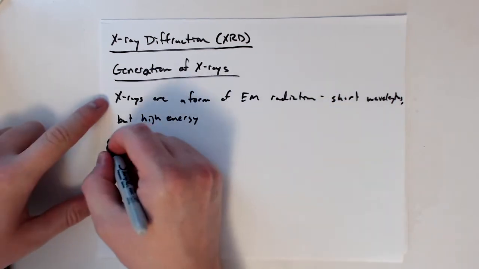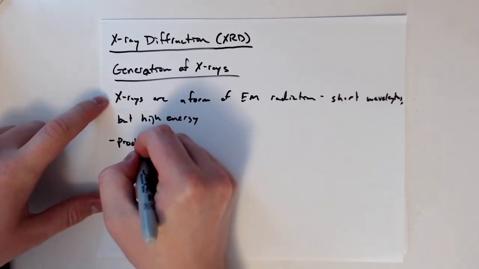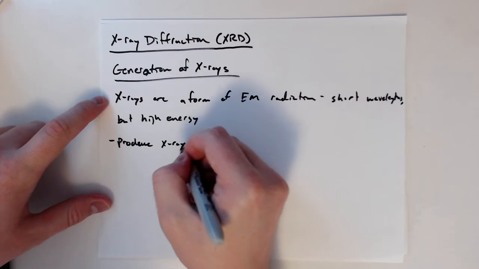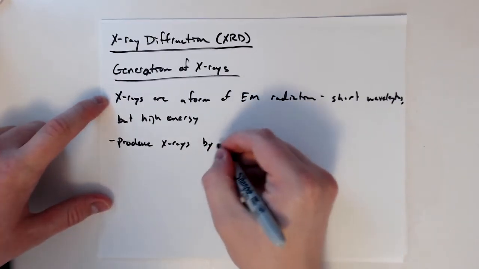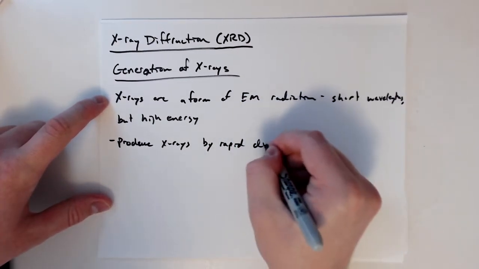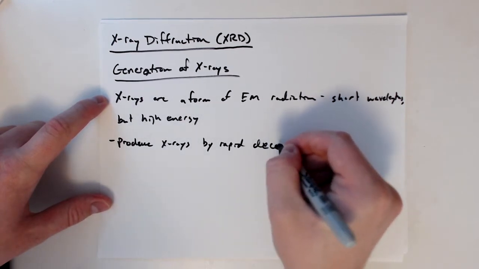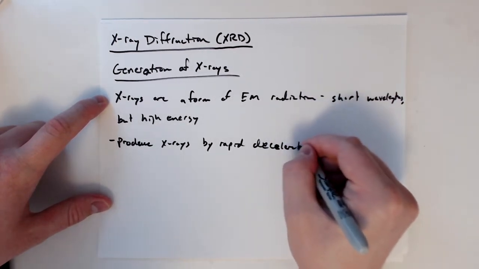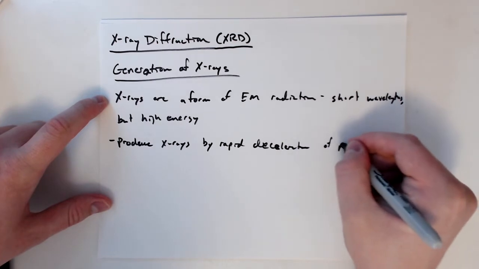All right, so we can produce X-rays by rapid deceleration of charged particles.